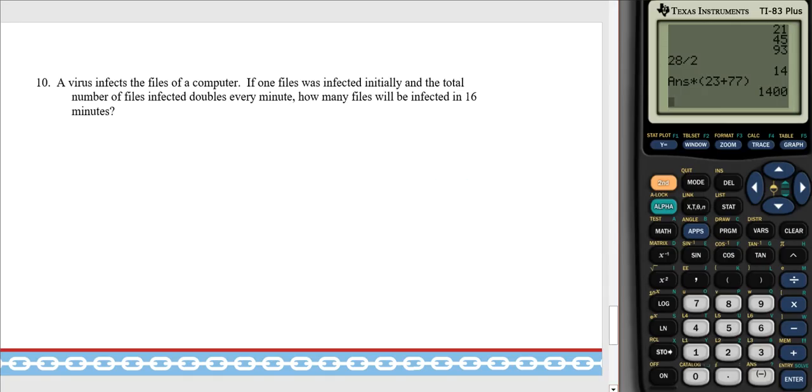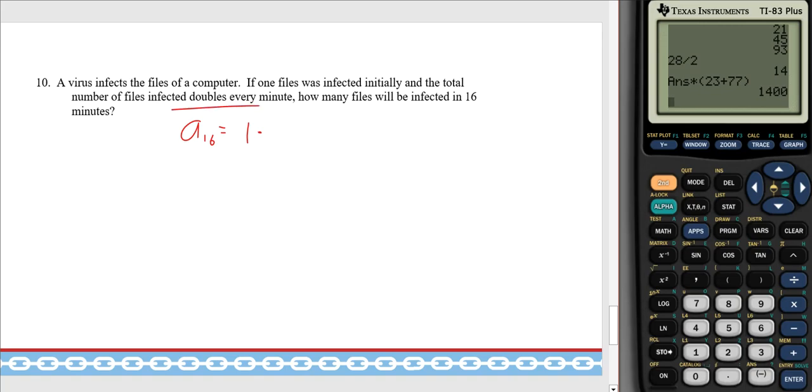Number 10, a virus infects the files of a computer. One initial, and then the number of files doubles every minute after that. So how many files are infected in 16 minutes? So we want to find A16, and we're going to use the geometric formula of A1 times my common ratio.